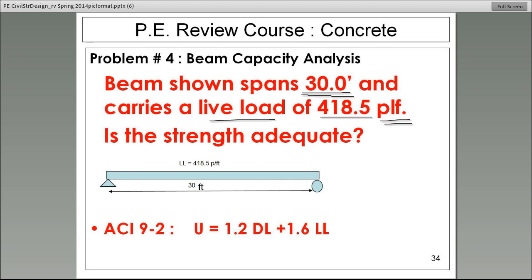Now, is the strength adequate? All right. ACI, this is the load equation. In this case, we need to use the load equation because we are considering live load and dead load.